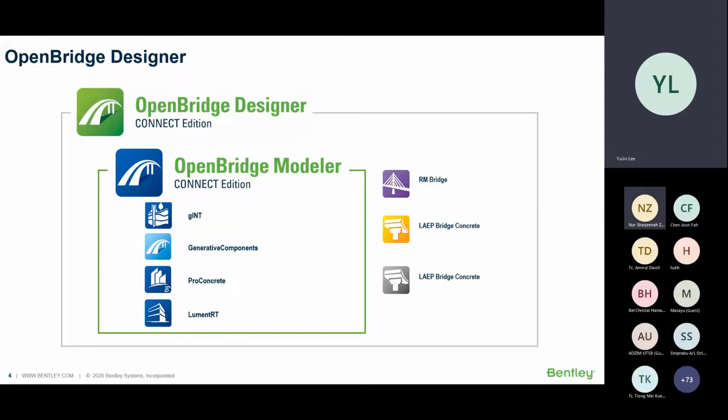Generic components support the bridge engineer in overcoming modeling limitations. ProConcrete is used to place parametric rebar into the model. LumenRT is used to simulate reality modeling to help the engineer understand operating conditions. And RM Bridge and OpenBridge are used to conduct bridge analysis and design.